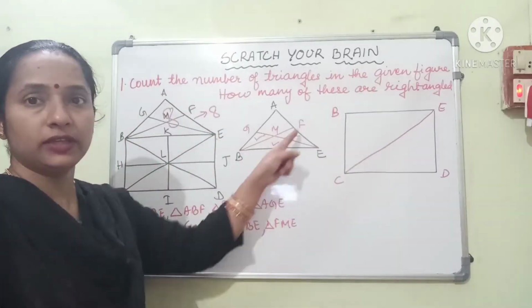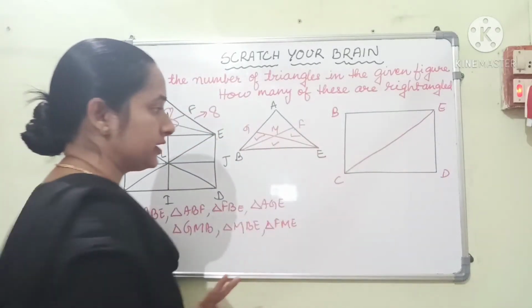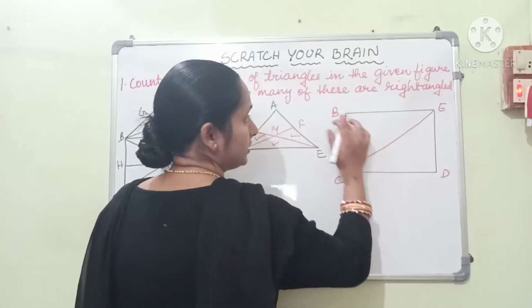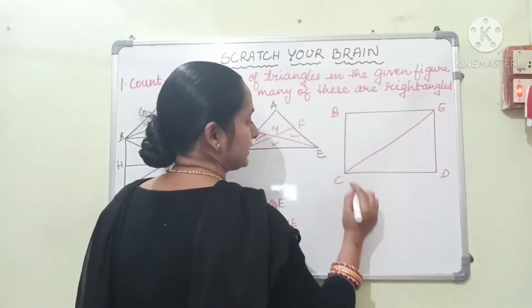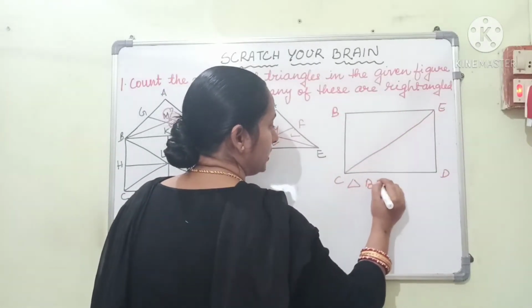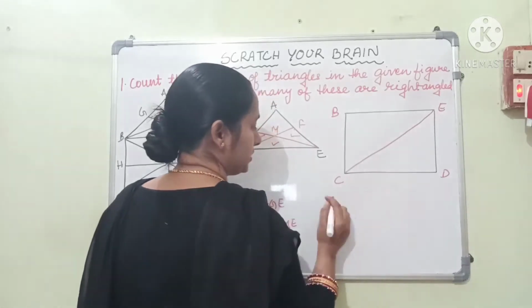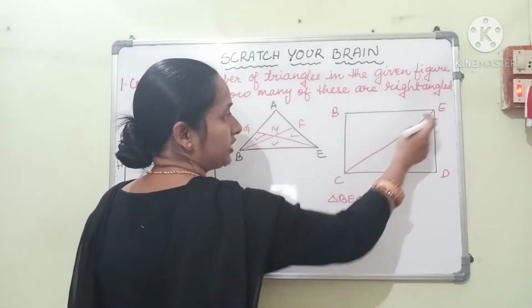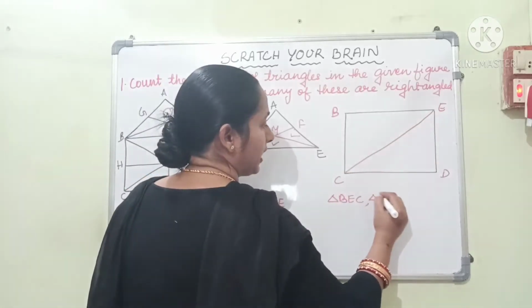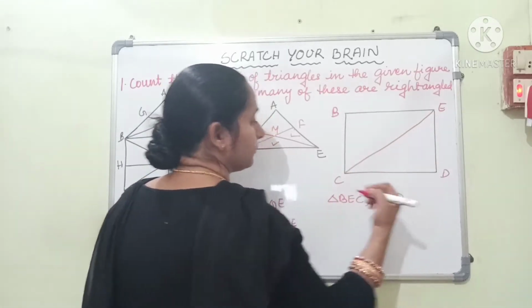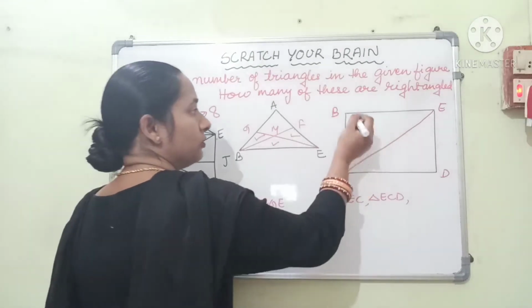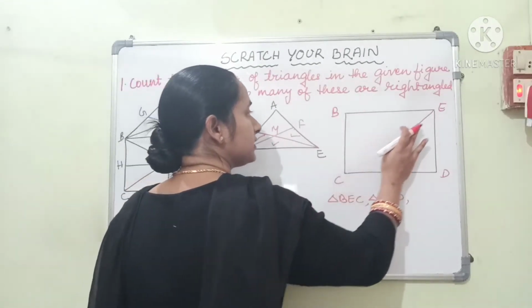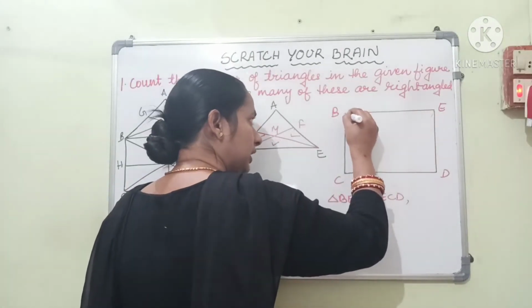Now, you tell me, it is being divided into two triangles. Let's name them. One of them is triangle BEC, and the other one is triangle ECD. Now, let me erase this one and draw the other diagonal.